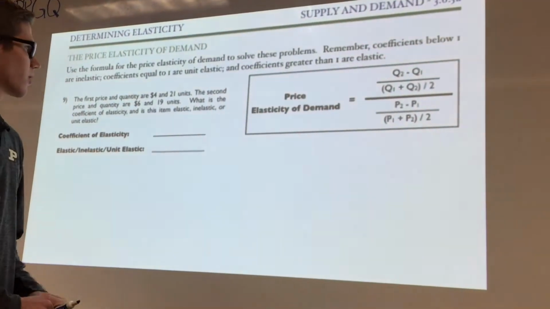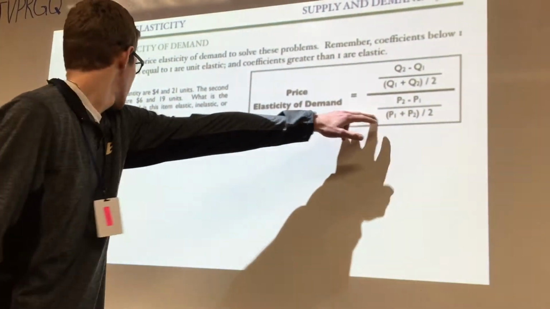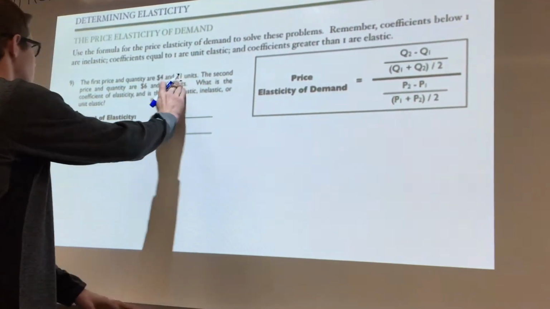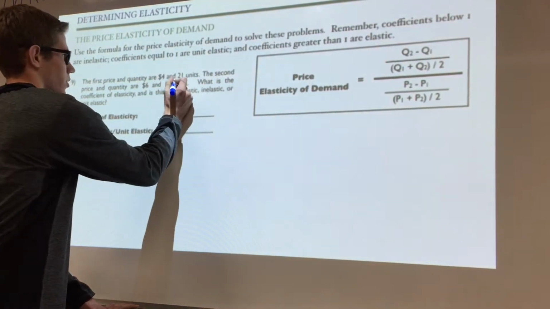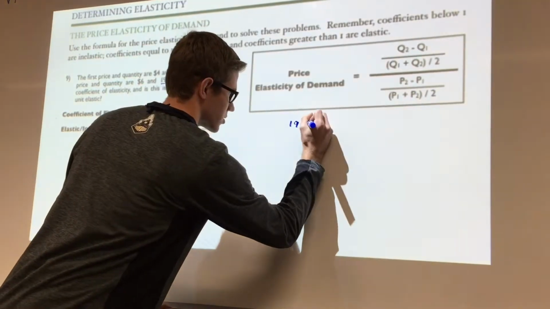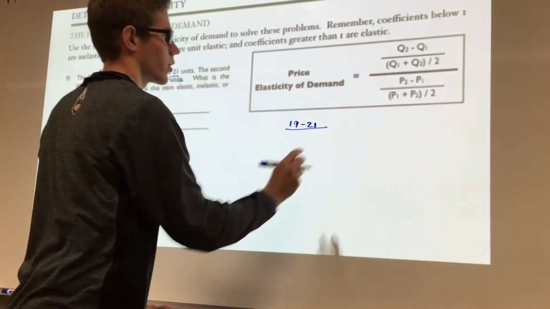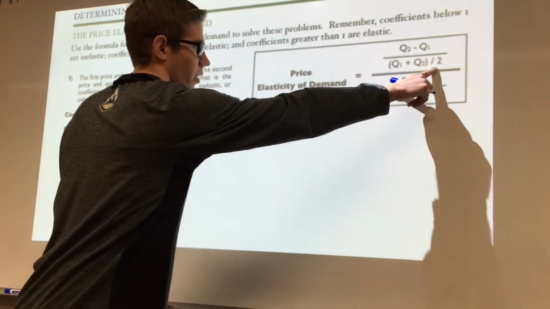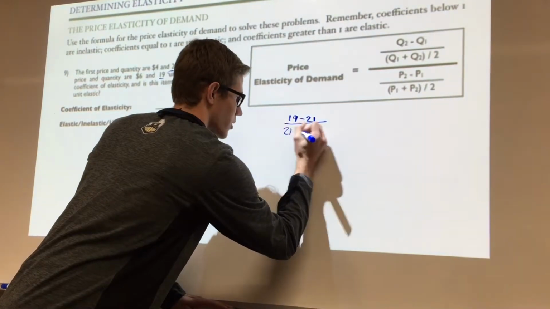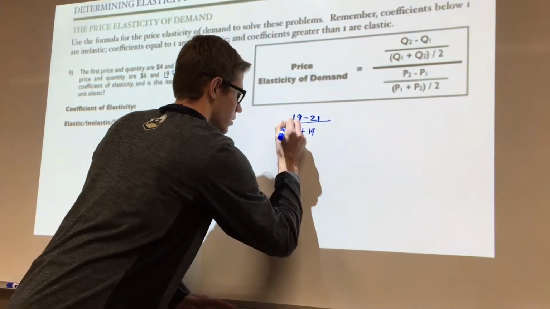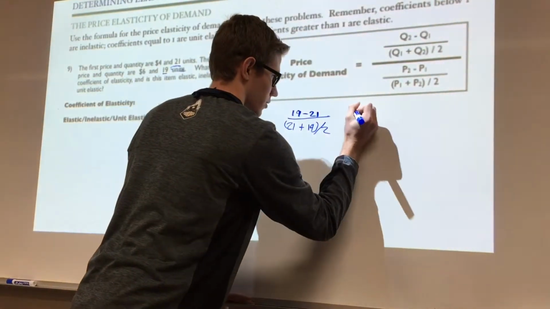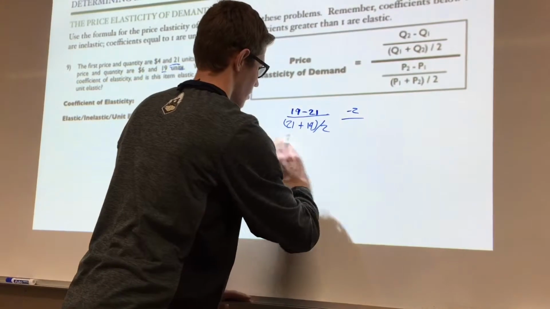Okay, so we use this equation to determine the coefficient. So quantity 2 is 19, quantity 1 is 21, so it's 19 minus 21 over quantity 1 plus quantity 2 divided by 2, so it's 21 plus 19 divided by 2, which this will be -2, and that will be 20.